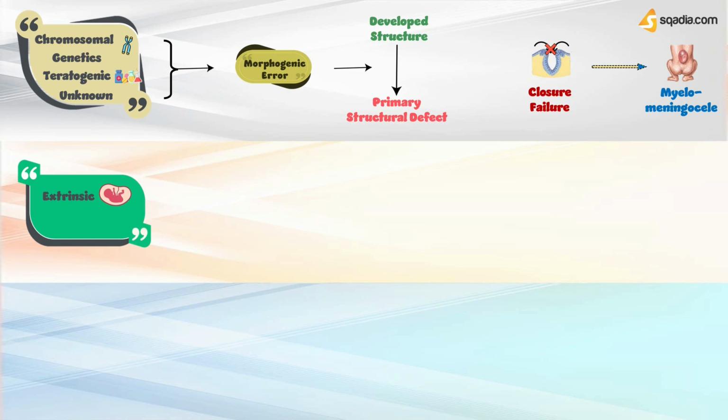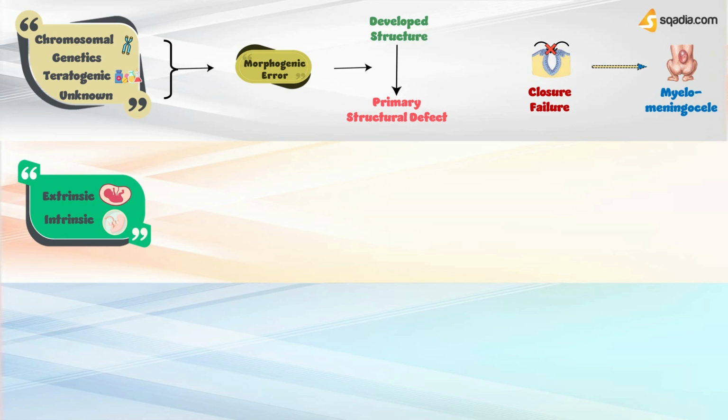Yes, you are right. But, let me add, etiology of deformation can also be intrinsic, such as fetal akinesia. Fetal akinesia is a condition in which there is decreased or absent fetal movement during pregnancy.